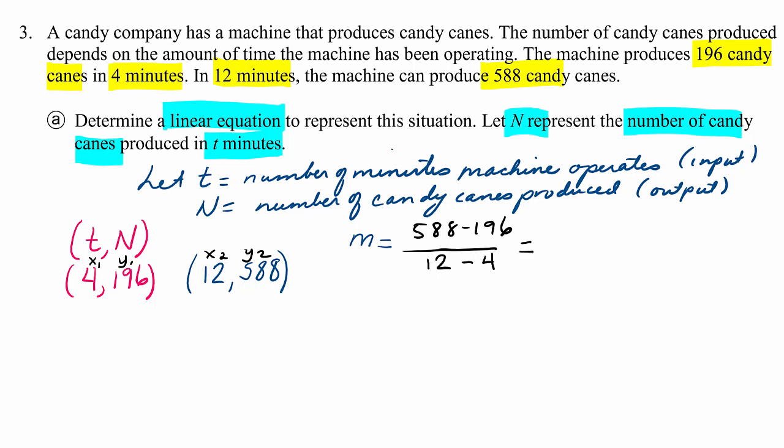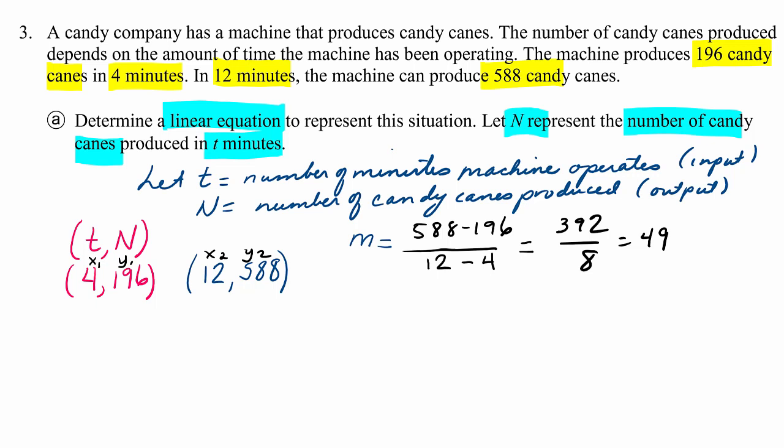And then we're going to simplify that, and we get 392 divided by 8, which gives us 49. And that tells us that the machine is producing 49 candy canes each minute. Because remember, the slope is a rate, and our output is number of candy canes, and our input is minutes, or time. So 49 canes per minute is the slope.